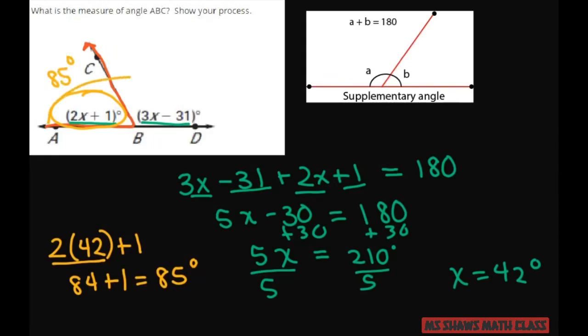And for this to be 180, we can just say 180 minus 85, and that's going to give you 95. So this would be 95, because those two add up to 180.